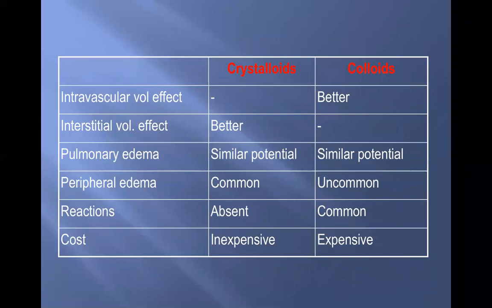What are the major differences between crystalloid and colloid? The intravascular volume effect: colloid is better than crystalloid. Interstitial volume effect: crystalloid is better than colloid. Pulmonary edema: both of them have the same potential effect.